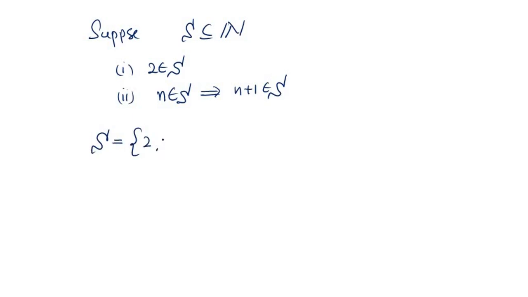That is 2, 3, 4, and so on and so forth. In fact, we can prove this using the well-ordering principle in exactly the same way as our previous proof.